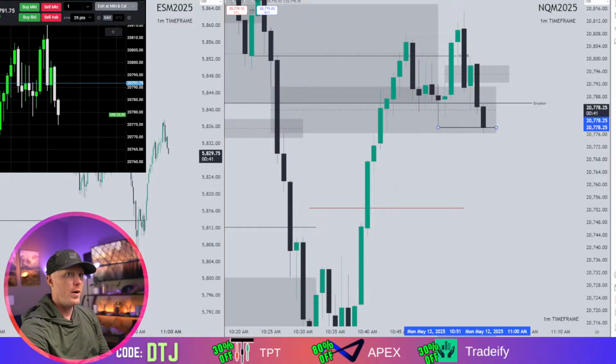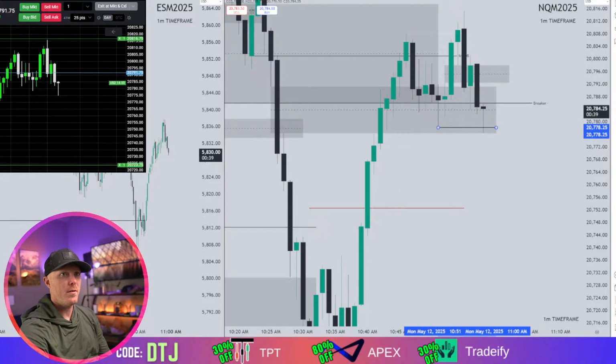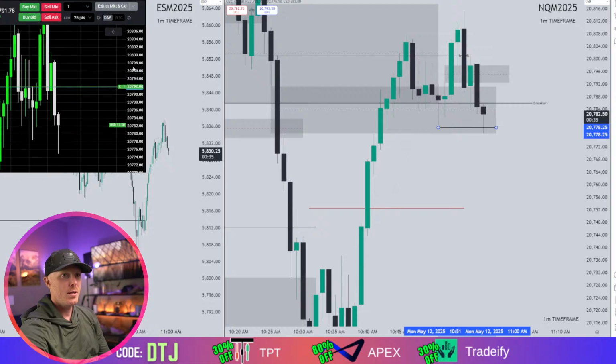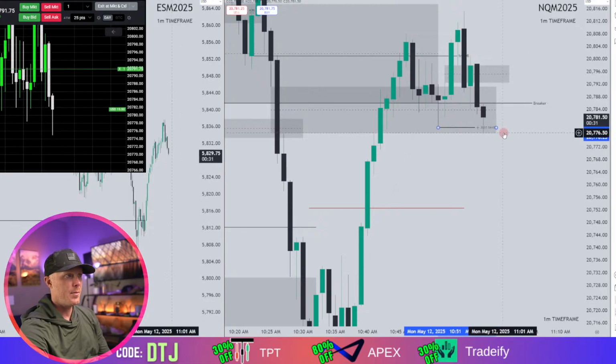All right, so right there is stop to break even, and we could get stopped out on this, and I'm okay, but I have to protect a position because we swept that low. Because what does price do? It sweeps liquidity, and then it can reverse. That's why we move our stop to break even, to protect against a reversal after it sweeps that low.